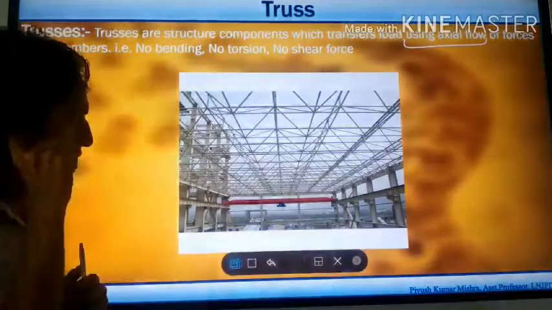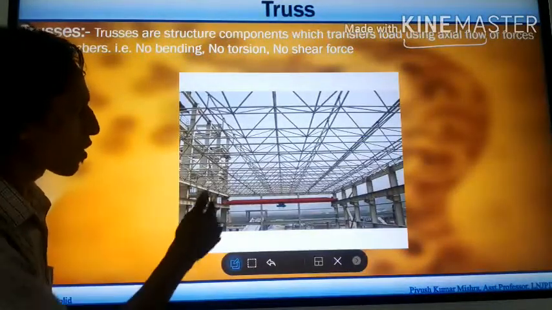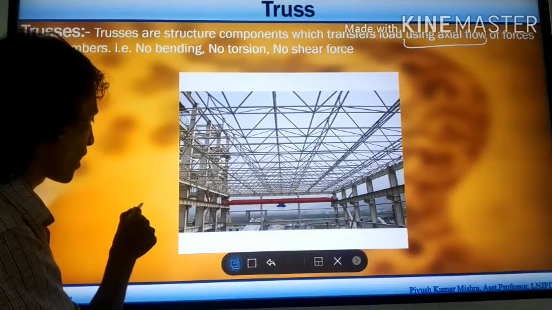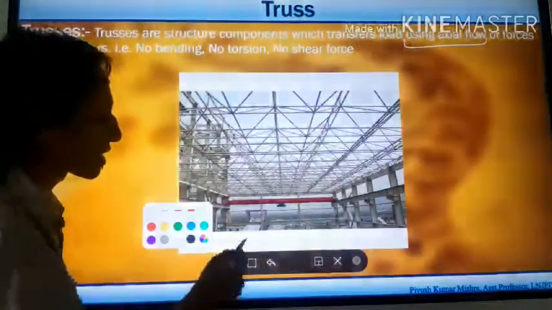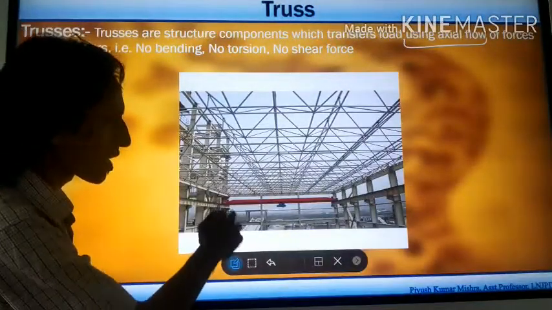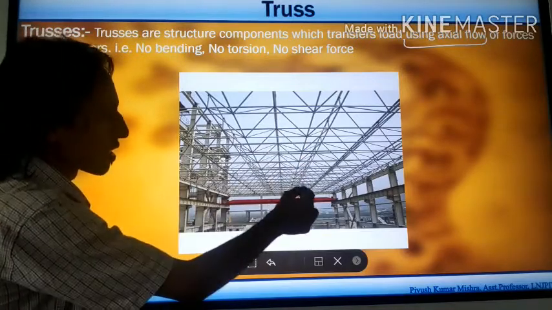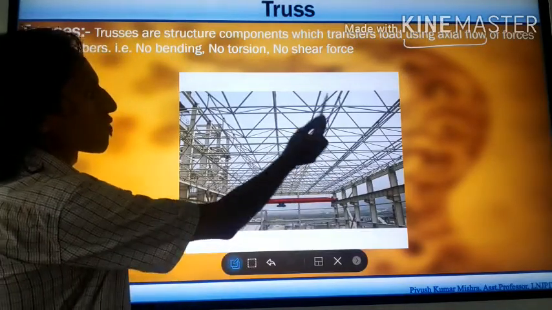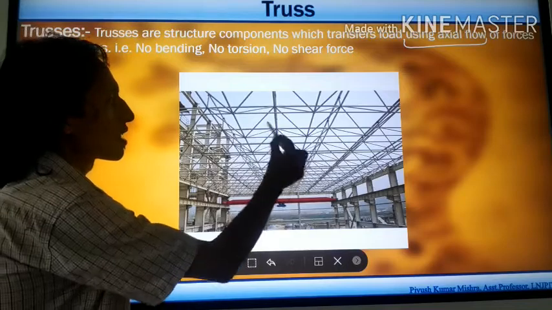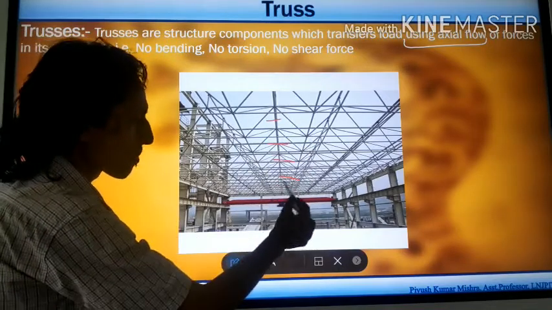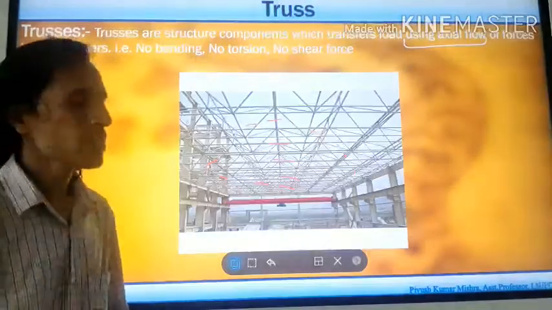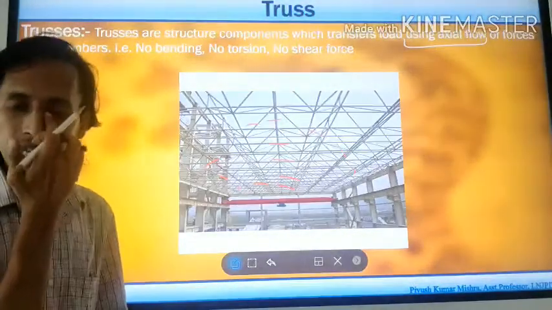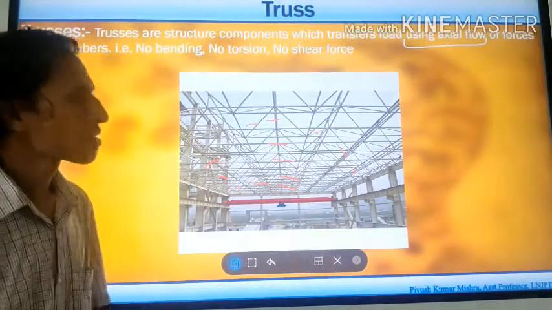This is one of the pictures shown here for a truss. You can see this is some industrial area over which the roof is covered with a truss. Everything is made of trusses. You might have seen this in railway stations also.